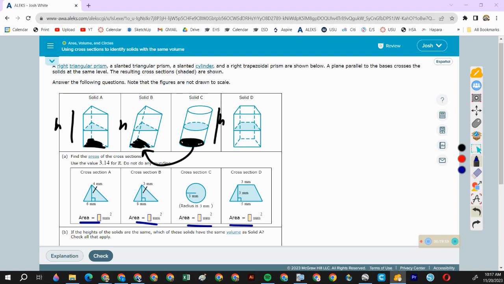So as long as all 4 of these have the same height, anytime one of the bases matches one of the other bases, then the volumes are going to be identical. If the bases have a different area, then they won't be equal with the same height. So every one of these shapes is base times height. So if the bases are equal and the heights are equal, then the volumes are going to be the same, even though they're totally different shapes.